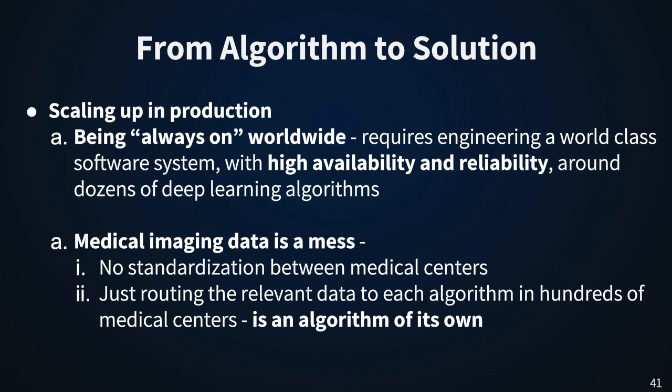So they even change between different technicians and between every technician to himself, because he made a typo once and made a different typo the other time. So this causes many challenges. But for example, just routing the relevant data to each algorithm in hundreds of medical centers, it's an algorithm and it's a system of its own.